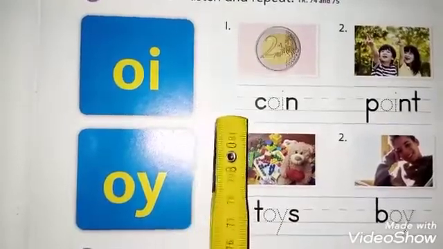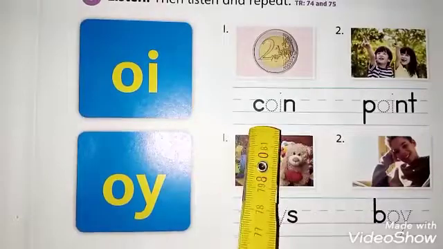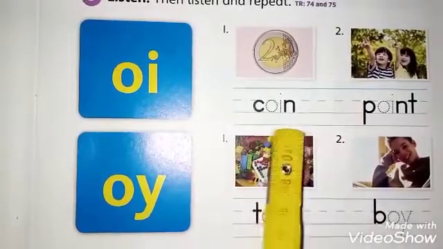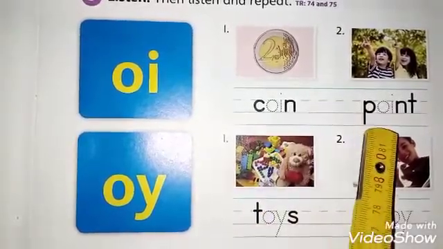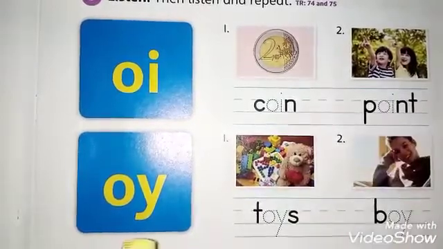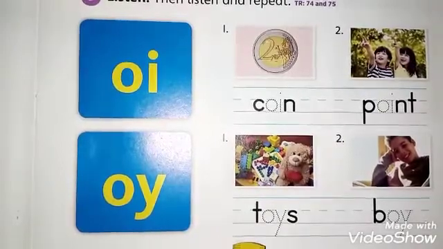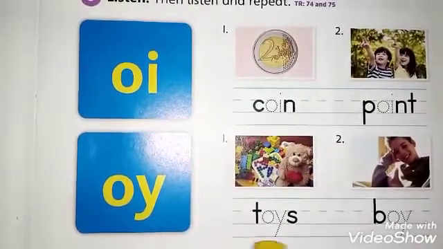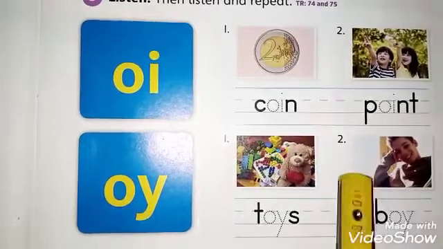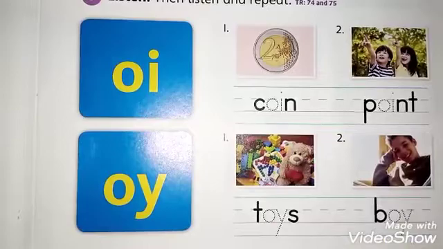Okay, like we've just had now. Number 1 is k, oi, coin. P, oi, s, points. For OY, number 1 is t, oi, s, toys. And number 2 is b, oi, boy.